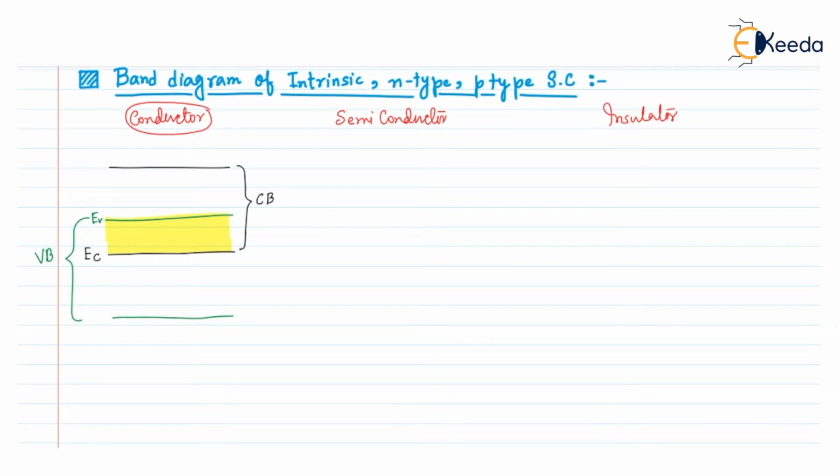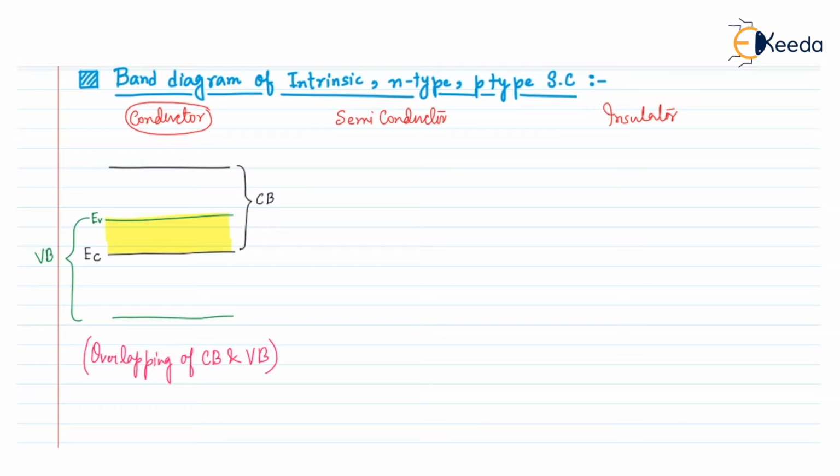This overlapping area consists of a large amount of free electrons, which will help to conduct current for the conductors. So we can write that for conductors there will be overlapping of conduction band and valence band.